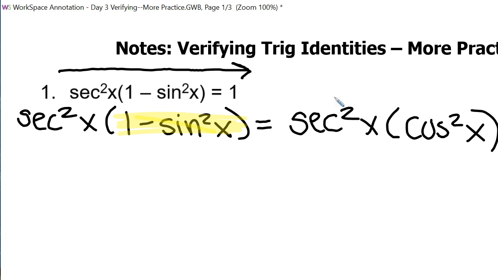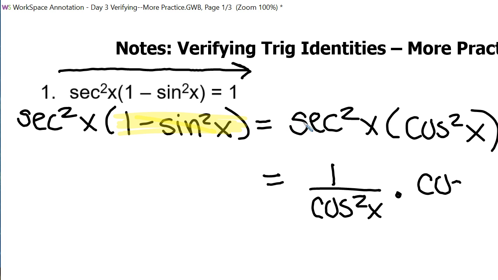Now, if you worked ahead and you change everything to sines and cosines, or you automatically distribute it, you'll eventually get to the same answer. But this will save us a little bit of time. Now, instead of secant squared, what could I change that to? 1 over cosine squared of x. And that needs to be multiplied by cosine squared of x.